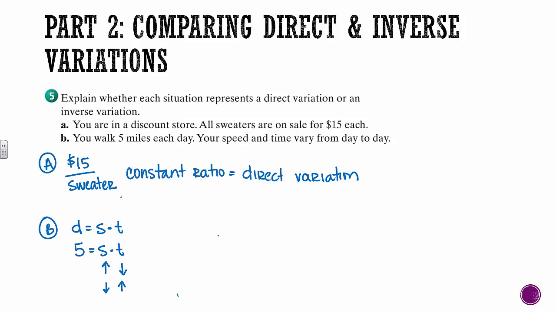That means that this is inverse variation. So the sweater one, you have the same ratio. Every sweater is $15. The next one, you're still getting 5 miles, you're just getting it different ways.